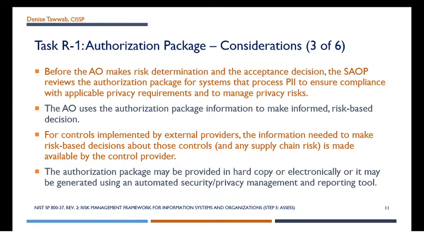For controls implemented by external providers, the information needed to make those risk-based decisions about those controls is made available by the control provider. The authorization package may be provided in hard copy or electronically, or it may be generated using an automated security, privacy management, and reporting tool.